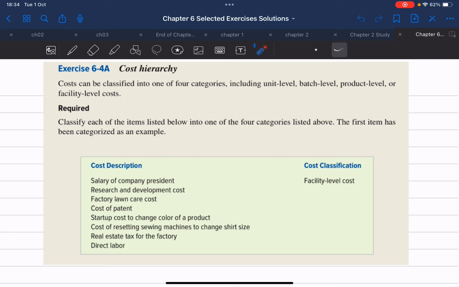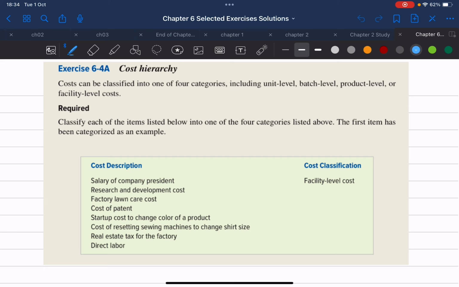So he's receiving his pay and he oversees the whole production process, right? So we cannot really classify his salary as anything other than a facility level cost. So let's continue on and do the rest.